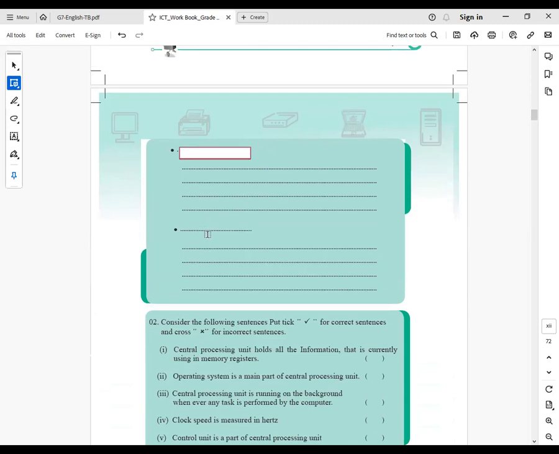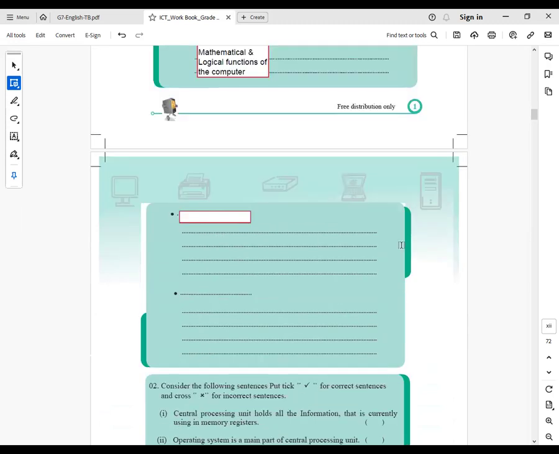Right. Then the other one, Control Unit. What is the function of the control unit? It controls all the devices and operations of this computer system.